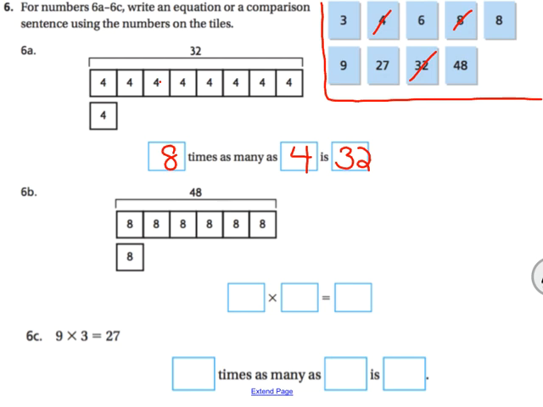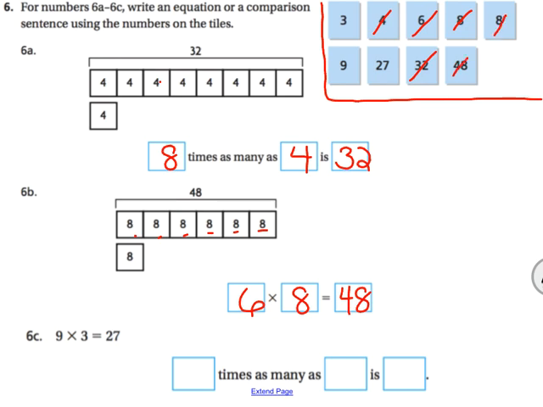Okay? 6B. I notice I see an 8, and how many times do I see it? So I see 6 bars, right? 1, 2, 3, 4, 5, 6. So 6 times 8 is 48. So I used an 8, a 6, and a 48.